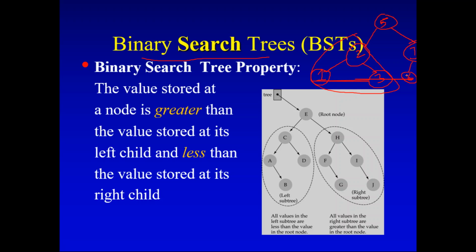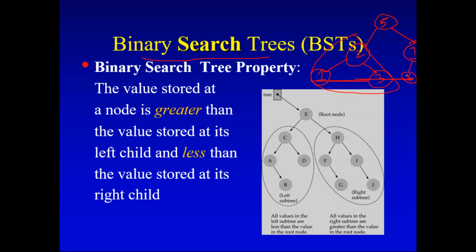That is, for a given node, its left child will have a value which is lesser than the key value of that particular node, and its right child will have a value which is greater than the key value of that particular node, right?